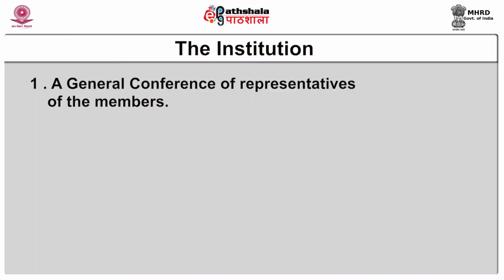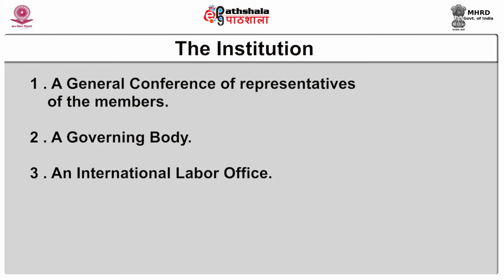The ILO is composed of three bodies to be noted: a general conference of representatives of the members, which is the first part, a governing body and an international labour office. The general conference, to be noted, meets once a year in June, and that is the time when people come together.